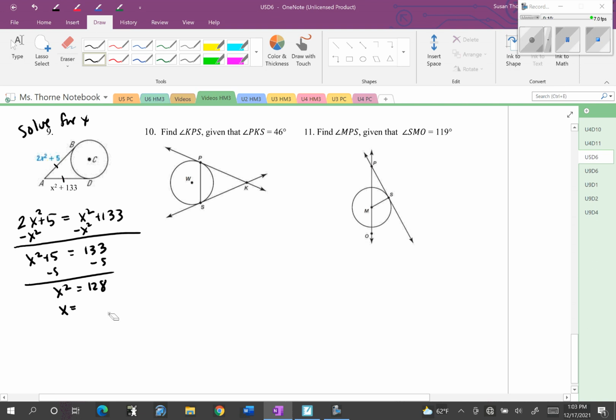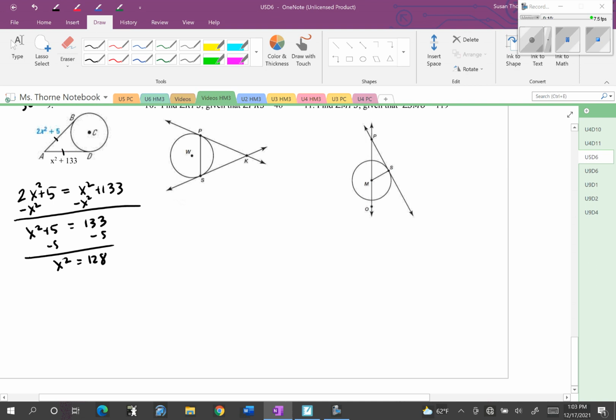This doesn't give us a perfect square. So since it doesn't give us a perfect square, let's do a little factor tree. We know that's 64 times 2, and that breaks down into 8 and 8. So that makes a group of 2 to take out. Of course, you can simplify that further, but it's not necessary since you know it's already going to come out of the radical.